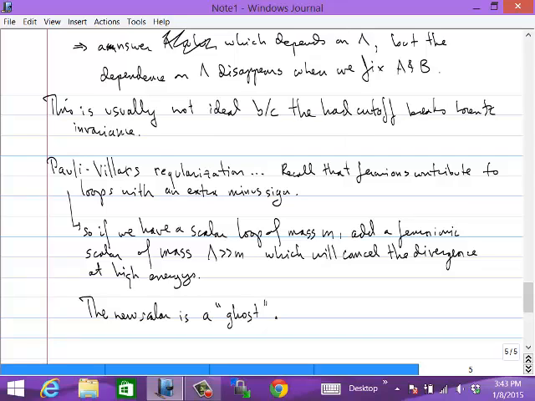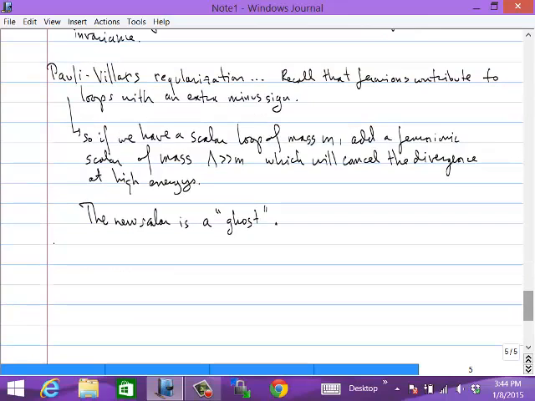Sorry if that's not an ideal answer, but that is actually the truth. So for example, in the present case, we have an integral d4p over 2 pi to the 4th, times 1 over p squared minus delta squared.